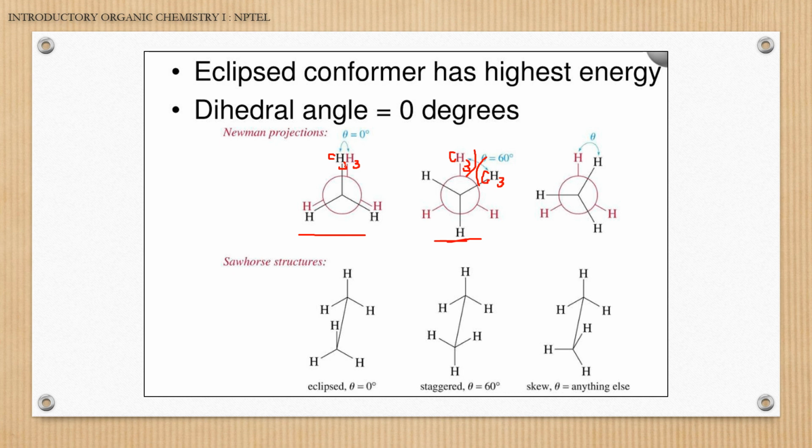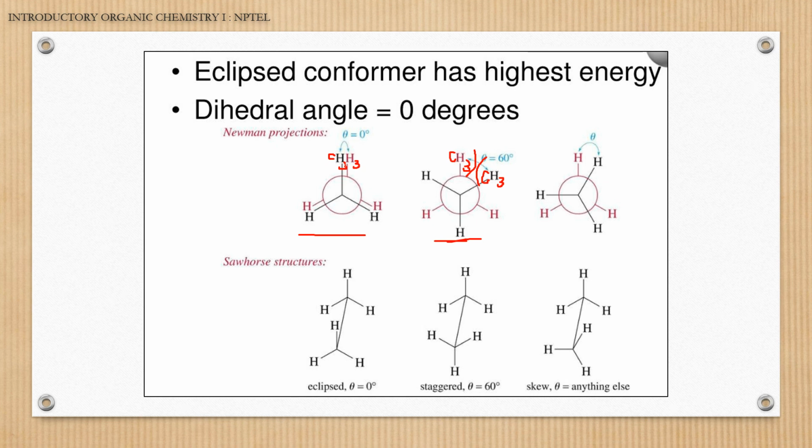When you move the methyl groups 60 degrees apart, the torsional strain is relaxed, but the steric strain is still there. The methyl groups are bulky and face each other, so the steric strain is the only strain giving instability to this configuration.